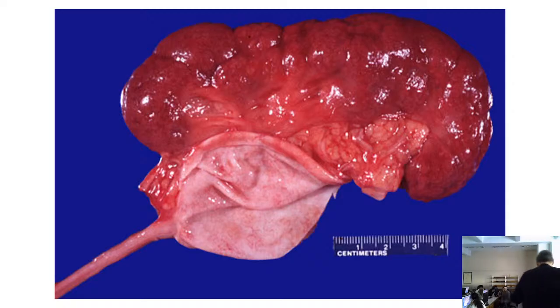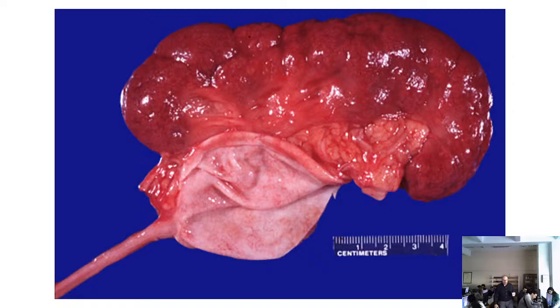In other cases, for example, chronic glomerulonephritis, remember from our cases that in the end stage, the kidneys are atrophic, they are shrunken. And the same applies to nephrosclerosis, either due to hypertension or diabetes mellitus.